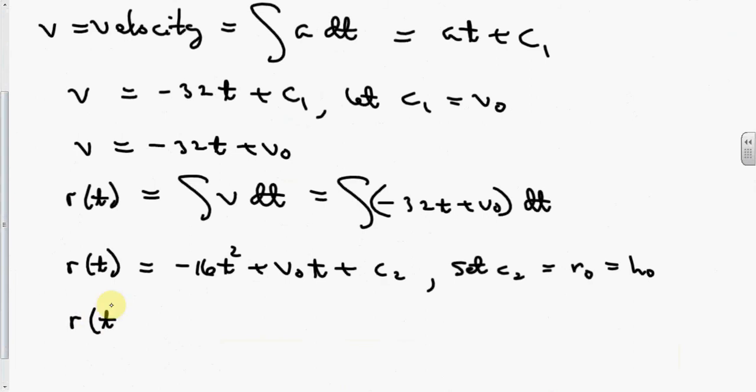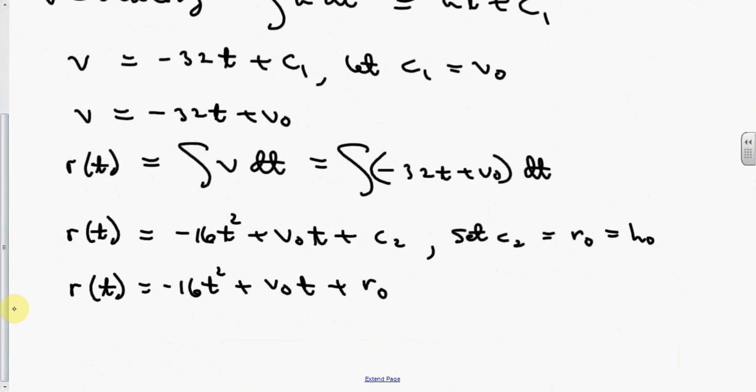So here, R of t is equal to negative 16t squared plus this initial velocity times t plus, let's say, r naught. This represents the y component.